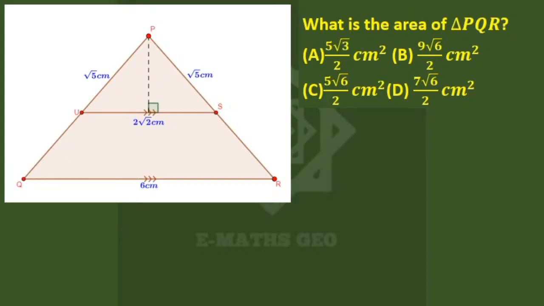So here they ask, what is the area of PQR? Before then, we can easily see that this is an isosceles triangle, and the height here is a perpendicular bisector. So it will bisect this into 2, which is √2 and √2.